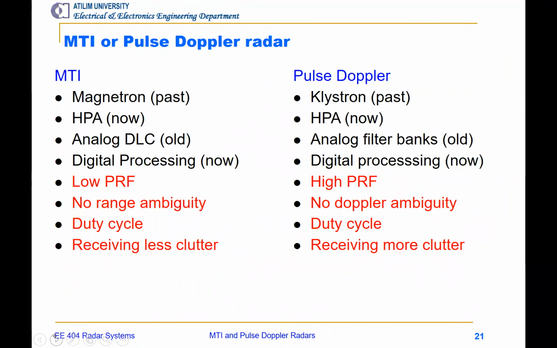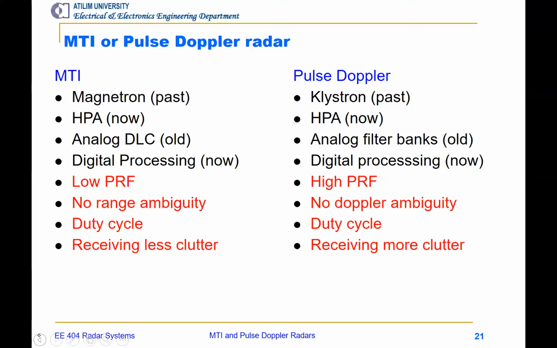Finally, here we got a comparison of MTI and pulse Doppler radar. We have already talked about MTI and pulse Doppler radar. We have given some fundamental operational principles of MTI and pulse Doppler radar. Here is a simple comparison of MTI and pulse Doppler radar. This is simply compiled from the textbook, not my view actually.